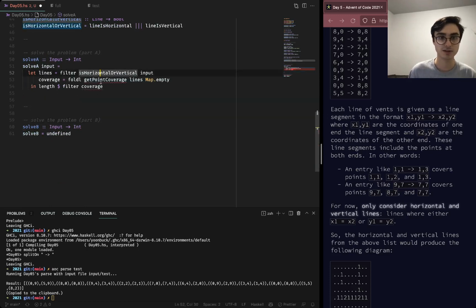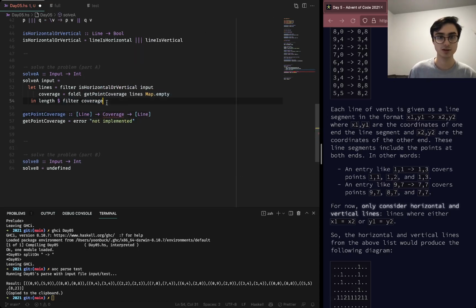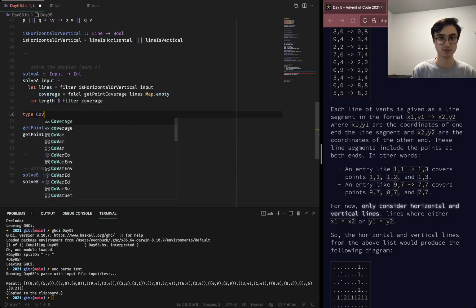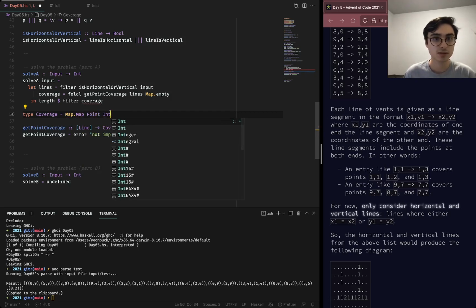What would this need to be defined as? It takes a line, takes a coverage. So let's define coverage as a map from int to int.